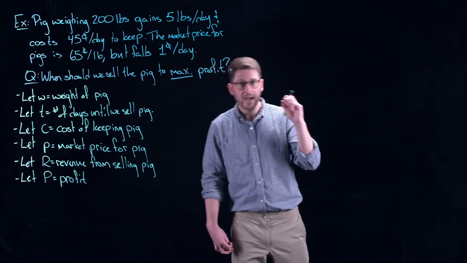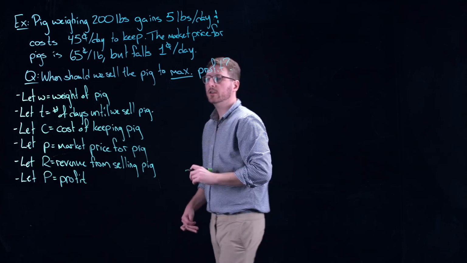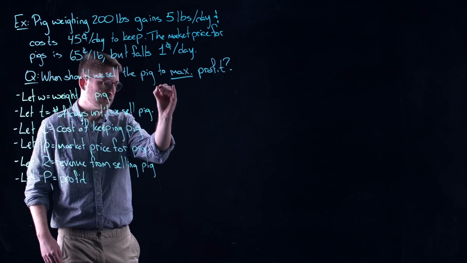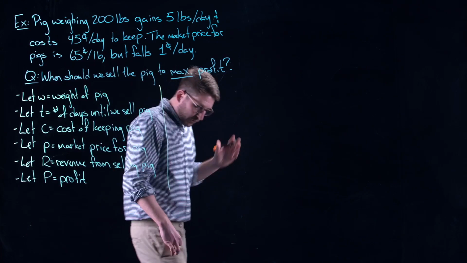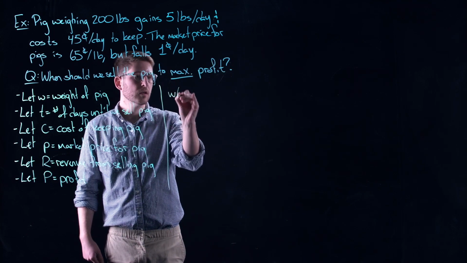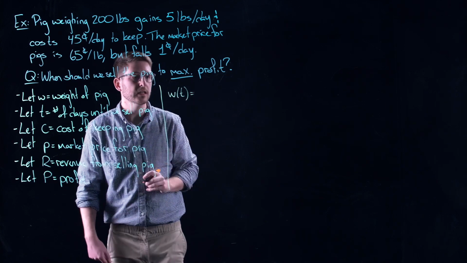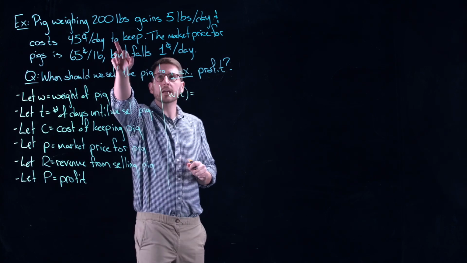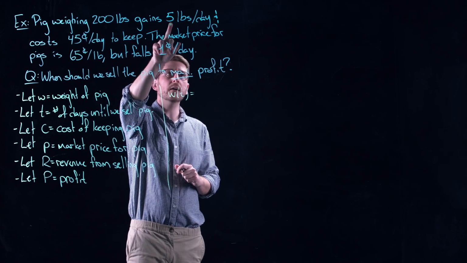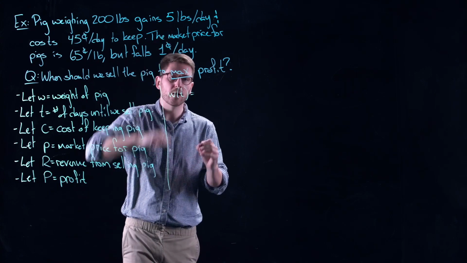Now, we have a lot of information that we're going to try and put all together here. So how can we do this? Well, first of all, the weight of the pig, W, as a function of t. The pig is initially 200 pounds, and then every day it adds 5 pounds.